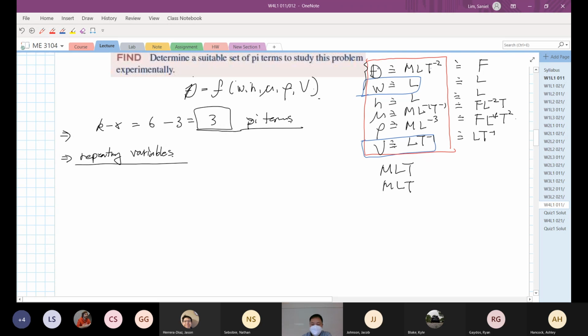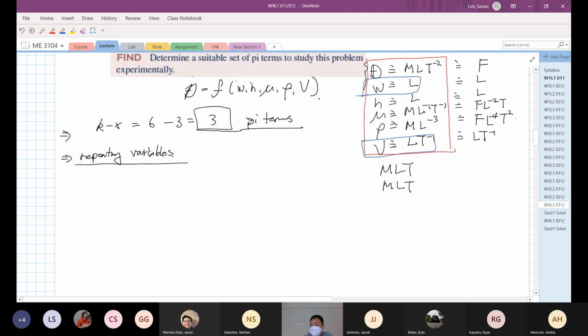All right, for the M, we have D, mu, rho. D is the dependent variable we are looking to find the values or the result for. So this is a dependent variable, which cannot be one of the repeating variables. And we have mu and rho. So what are you going to choose here? We already talked about this.